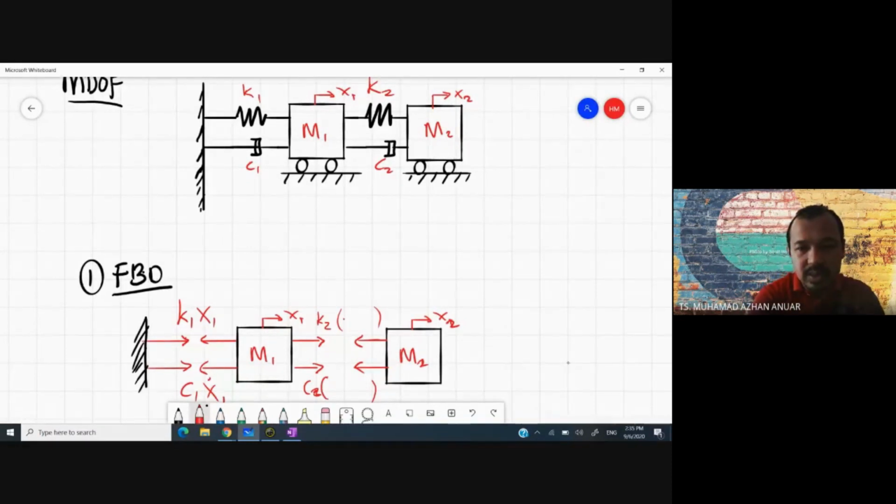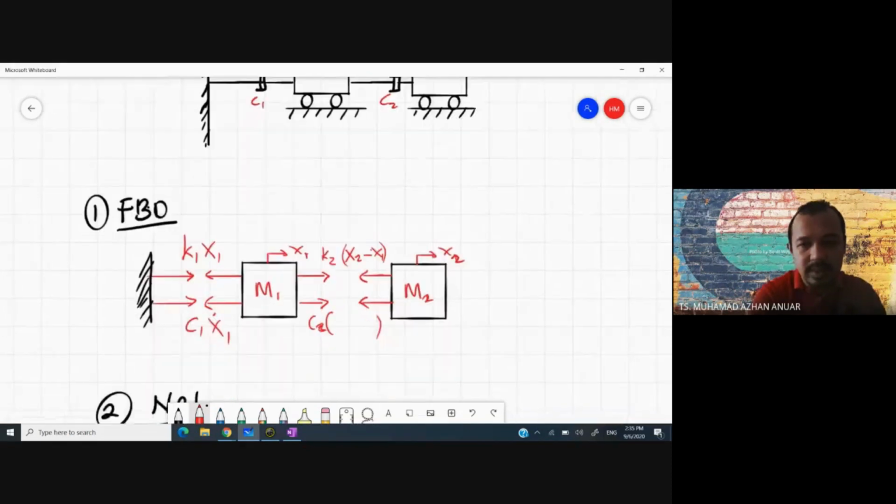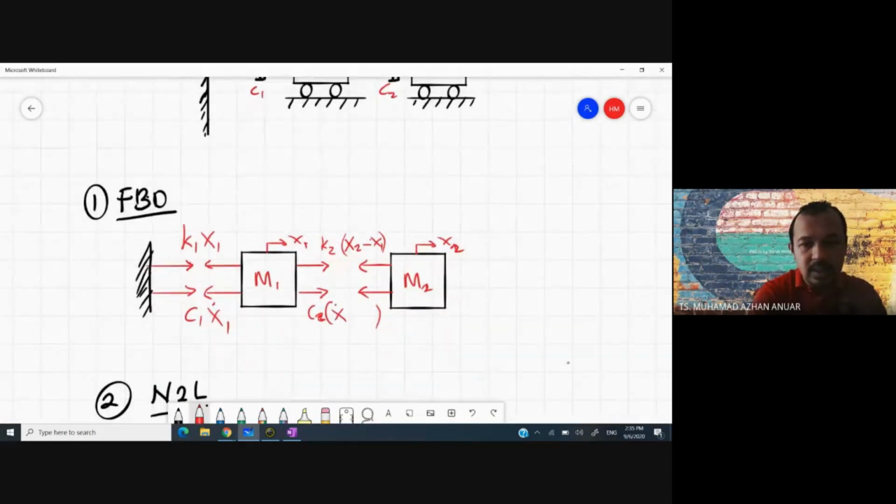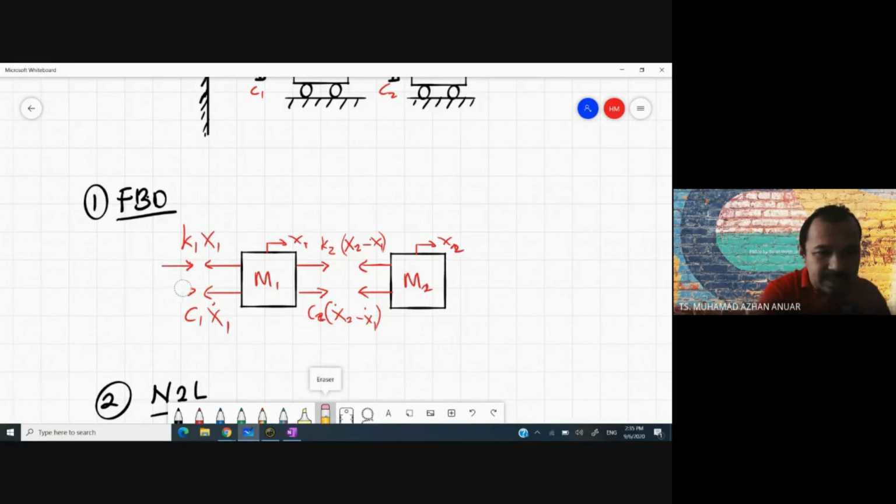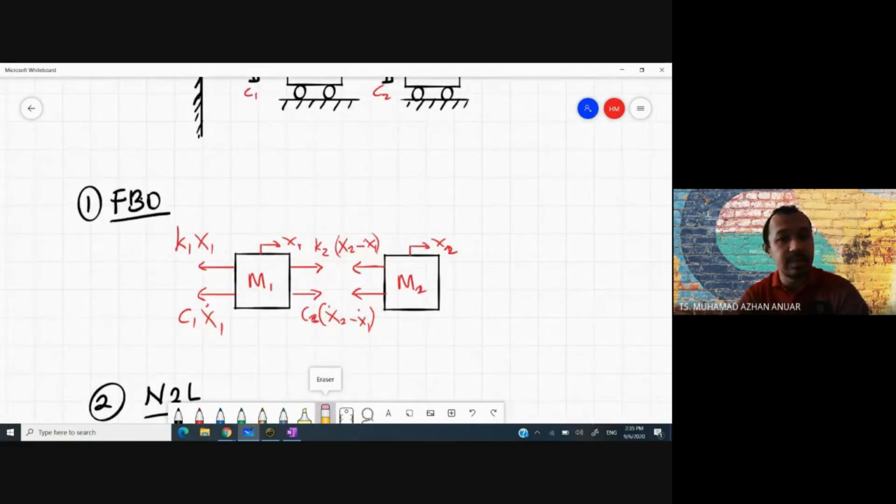So this is X2 minus X1, and then this is X dot 2 minus X dot 1. We are not really interested in this one, so I delete all this back because it is attached to the fixed end. So this is our free body diagram.